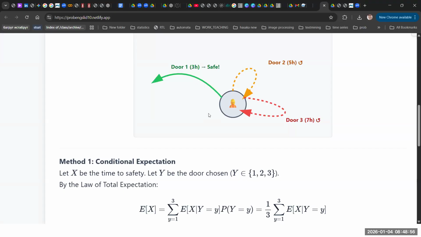Now, he has made his traveling and he forgot everything. He started again from the same point. And again, we want to find the expected value of his traveling until he gets to safety.